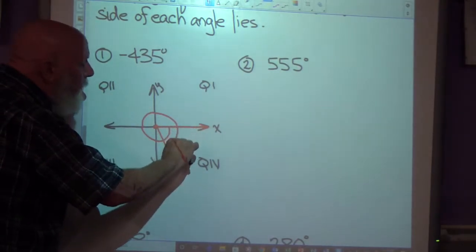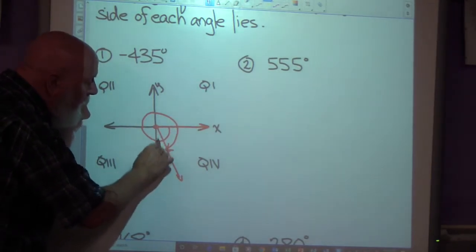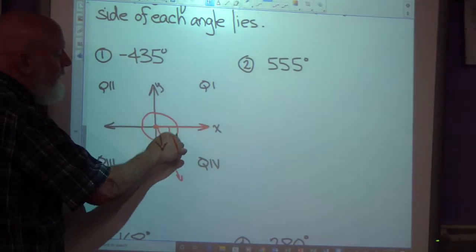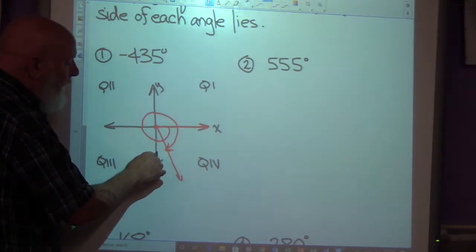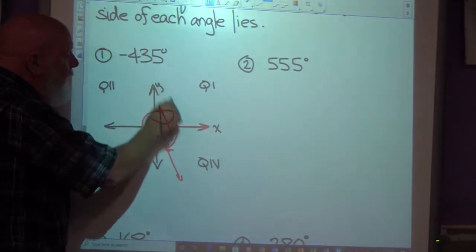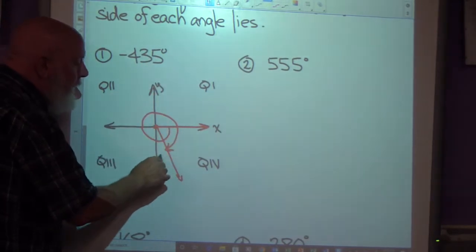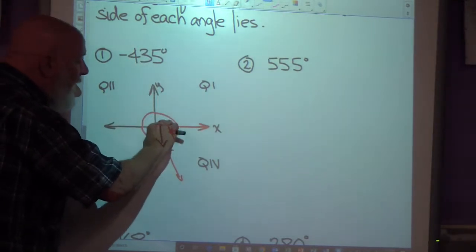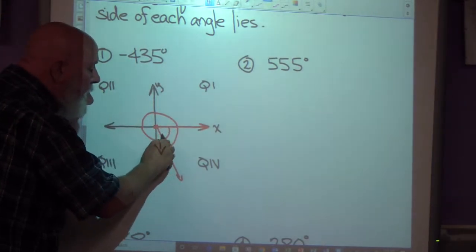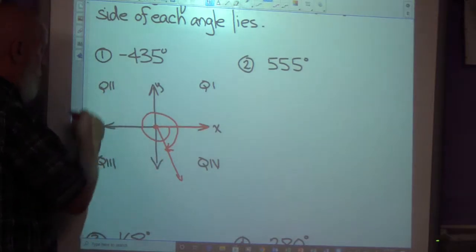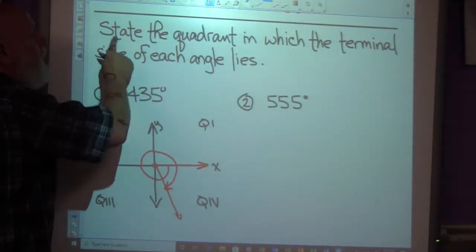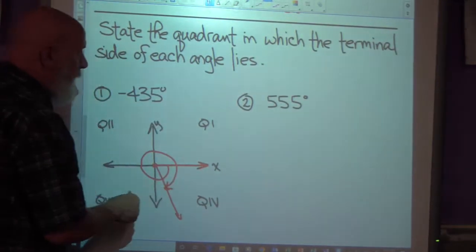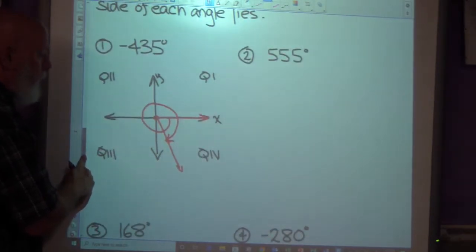And if I go all the way to the next axis, that would be 360 plus 90, which is 450. So 435 has got to be somewhere between 360 and 450. And we rotated in a negative direction. This is negative rotation. So my answer is, because my instructions say, state the quadrant in which the terminal side of each angle lies. The answer is quadrant 4.